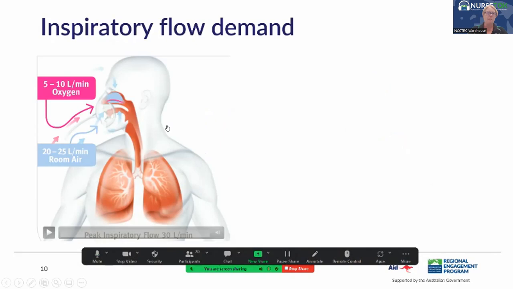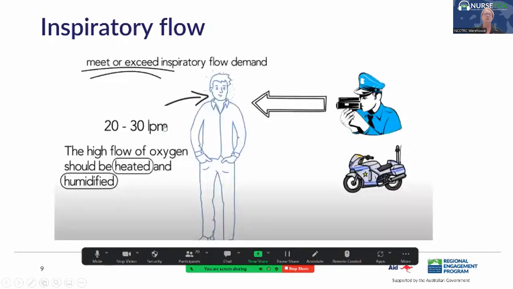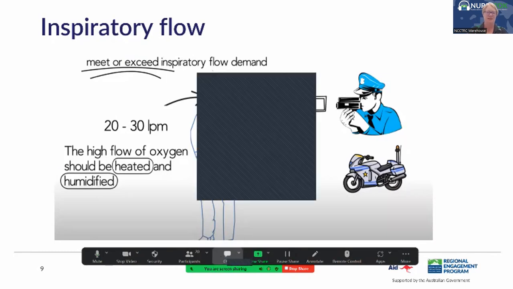Now, let's go back a slide. So now imagine that you have climbed 50 stairs and you've got to the top. How are you feeling? How do you feel when you climb lots of stairs? Or when you have run 5 kilometers?